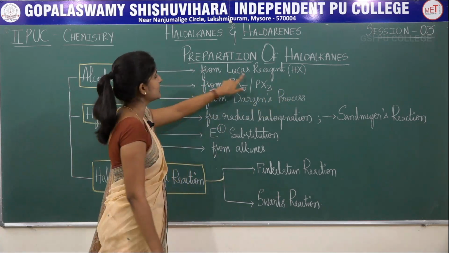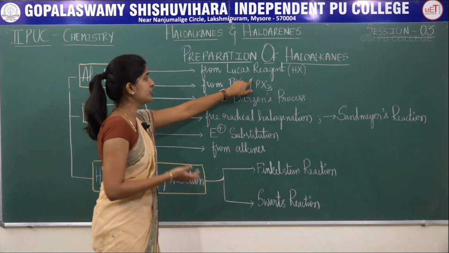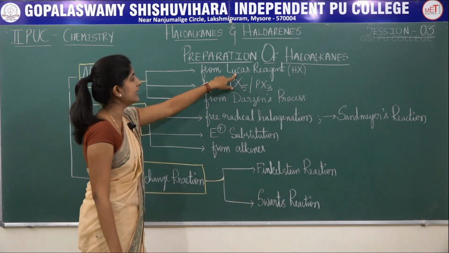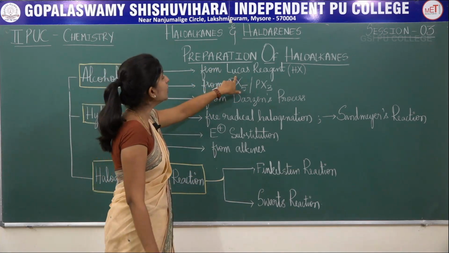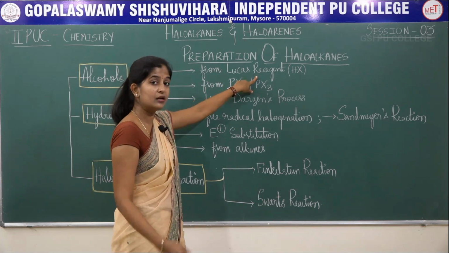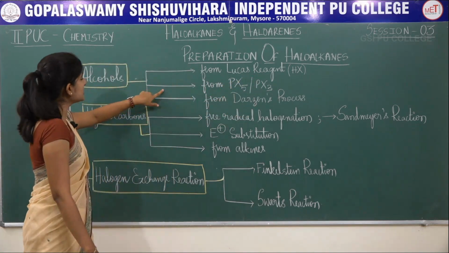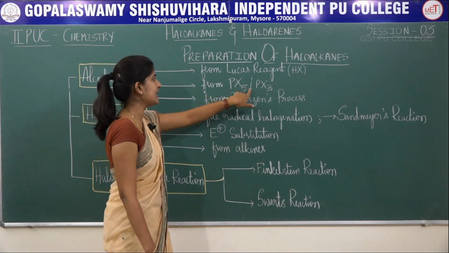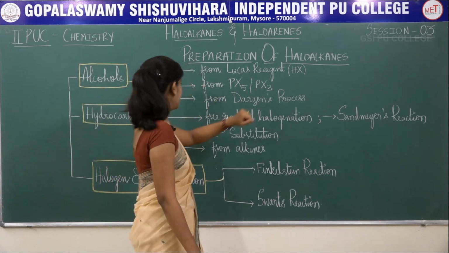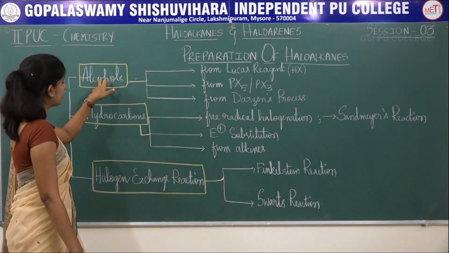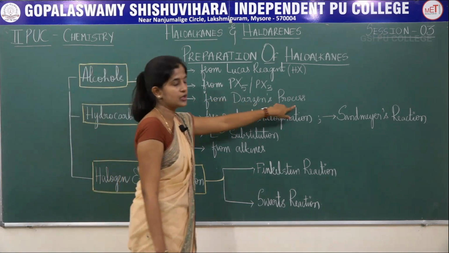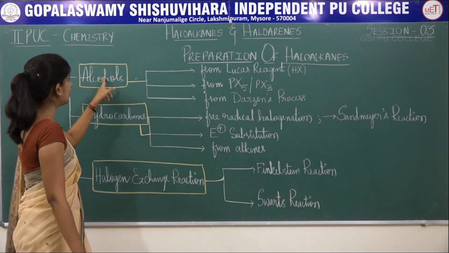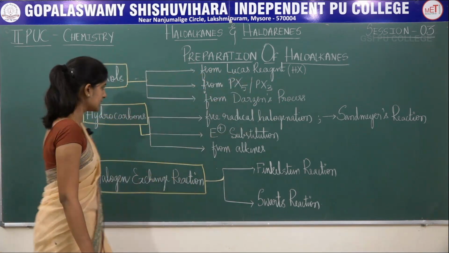You will come across the Lucas reagent in alcohols also, but here we will see it as well. The next one is from phosphorus halides, phosphorus pentahalides as well as phosphorus trihalides. The last one from alcohols is Darzens process. So these are the only 3 methods wherein you convert alcohols into haloalkanes.